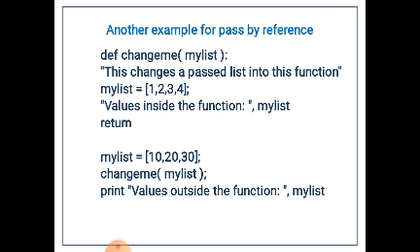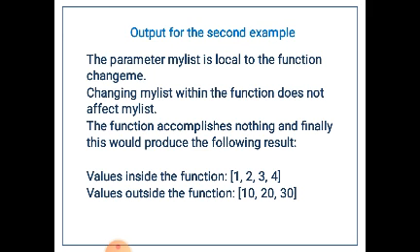So here we are getting the print statements, values inside the function and values outside the function. Now you can see the difference between the previous example and this example.